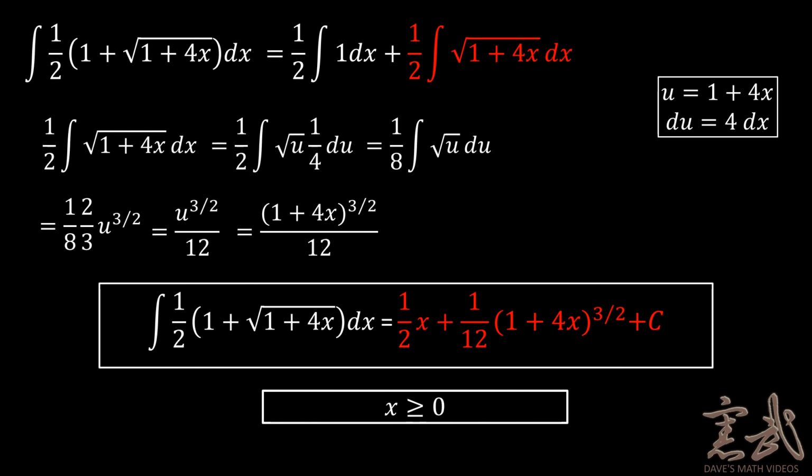Now, we combine the two integrals, and the integral becomes 1/2 x plus 1/12 times 1 plus 4x to the 3/2 power plus the constant of integration c. Once again, we restrict the domain to x is greater or equal to 0 to match with the original function.